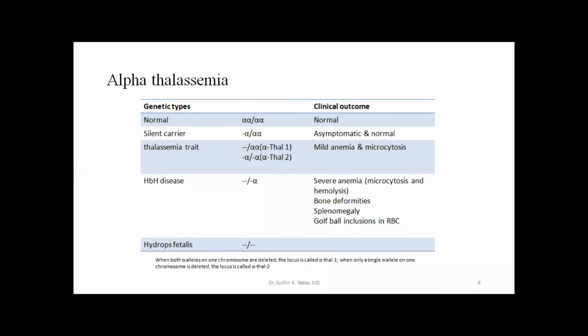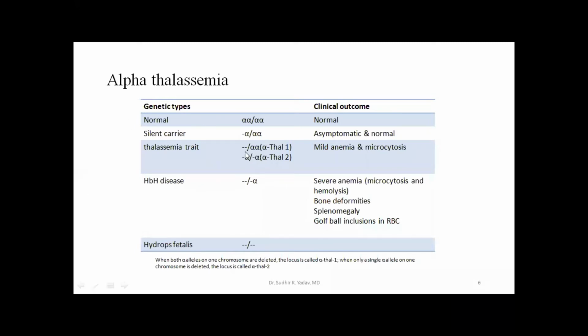If two of the silent carriers mate with each other, it may lead to the production of HbS disease or thalassemia trait. So, what is thalassemia trait? It is the second spectrum, second manifestation. This thalassemia trait we can divide into two parts: alpha thalassemia 1 and alpha thalassemia 2.